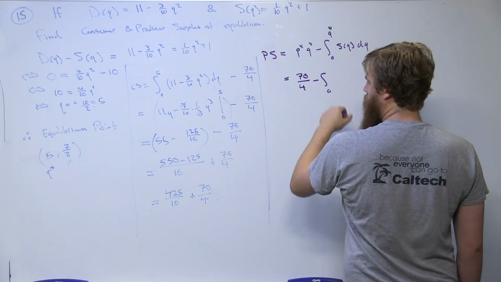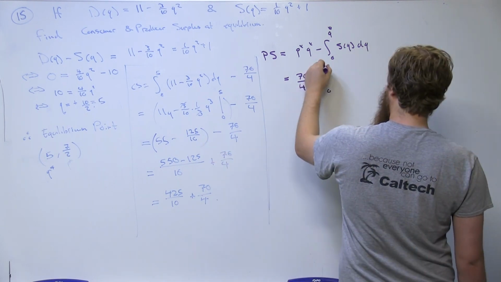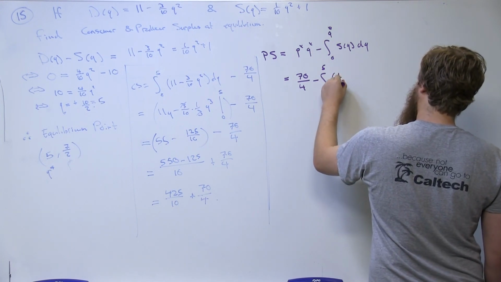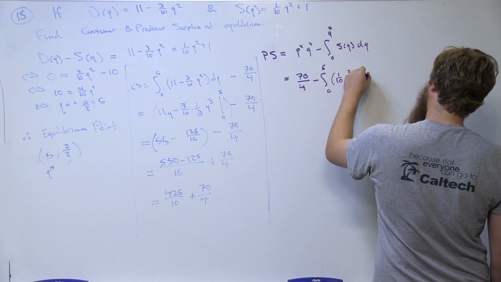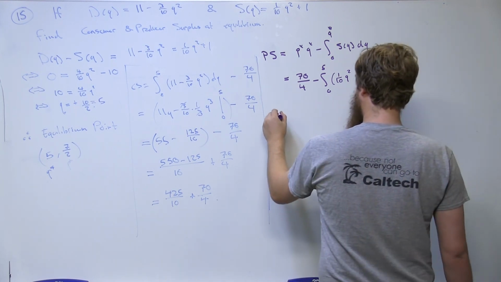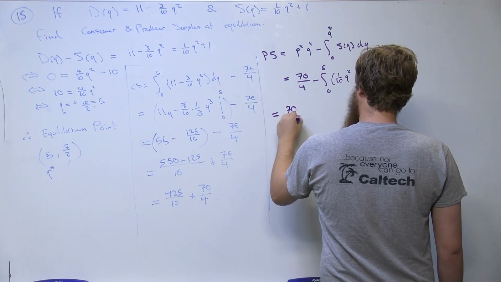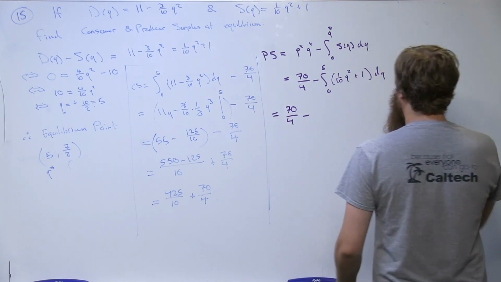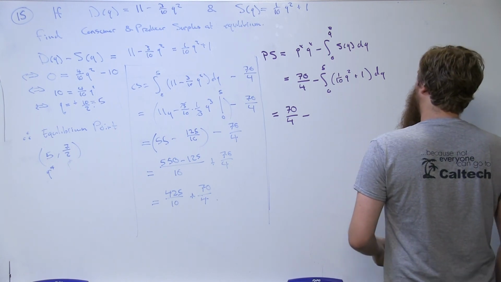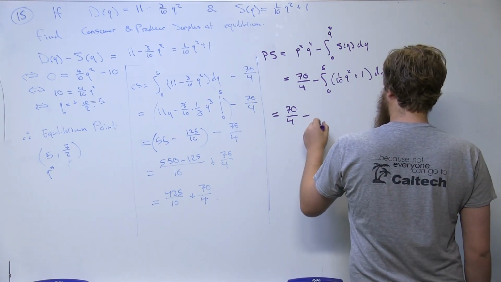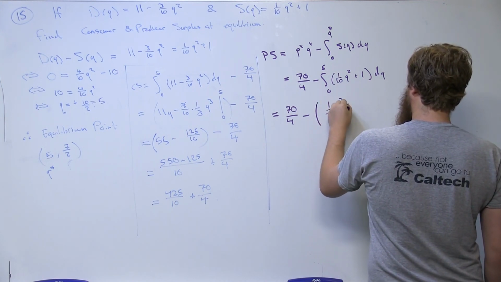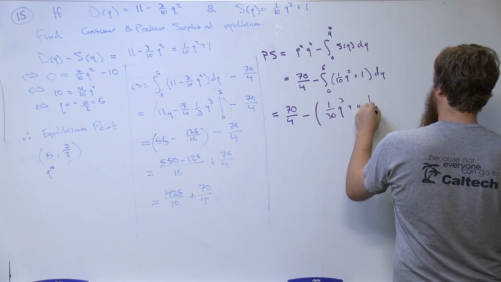Minus the integral from 0 up to q star, which is 5, of s of q, 1/10 q squared plus 1, taken with respect to q. So this is 70 over 4 minus, now we can again apply the power rule here. Integral of q squared is 1/3 q cubed, so this will become 1 over 30 q cubed plus q, evaluated from 0 to 5.